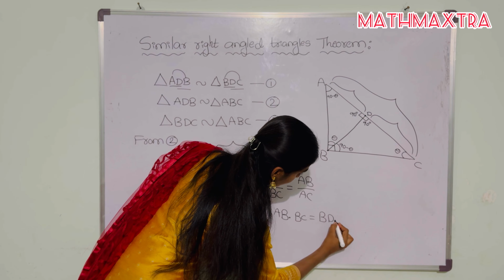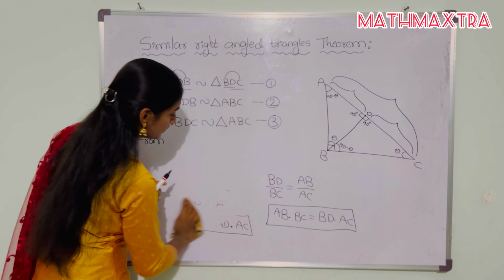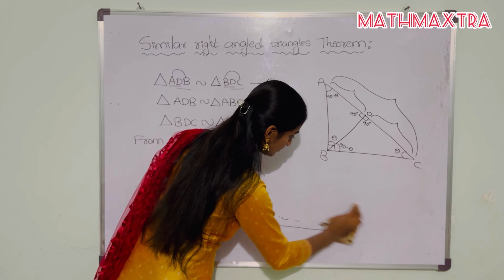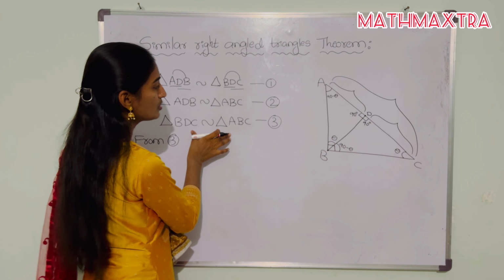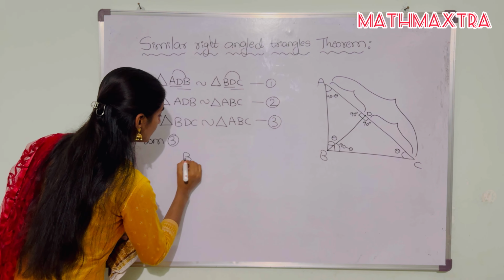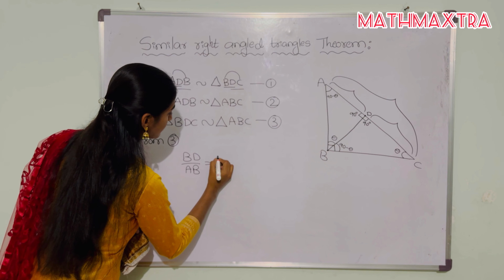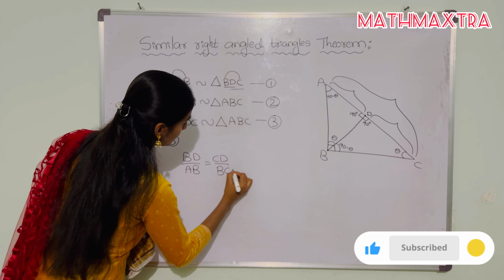So next we will conclude one more relation from 3. These two are also similar triangles. So we can write BD by AB is equal to CD by BC, which is equal to BC by AC.